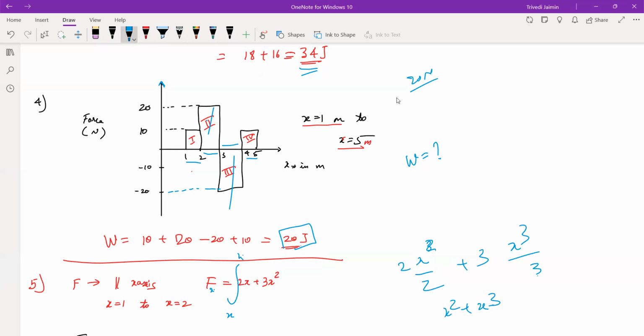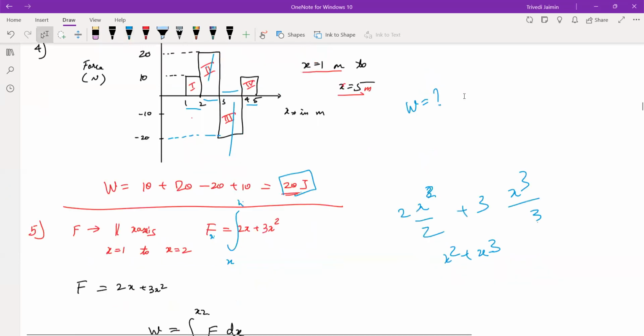Now let's substitute values. For values, you can use pen and paper. Upper limit is 2, lower limit is 1. So that is 4 plus 8, minus 1 plus 1, that is 2.